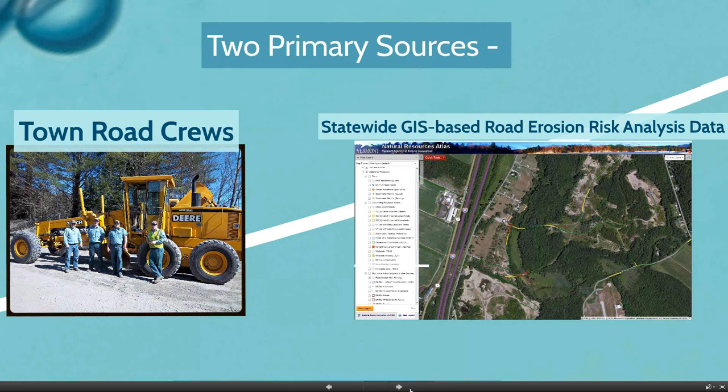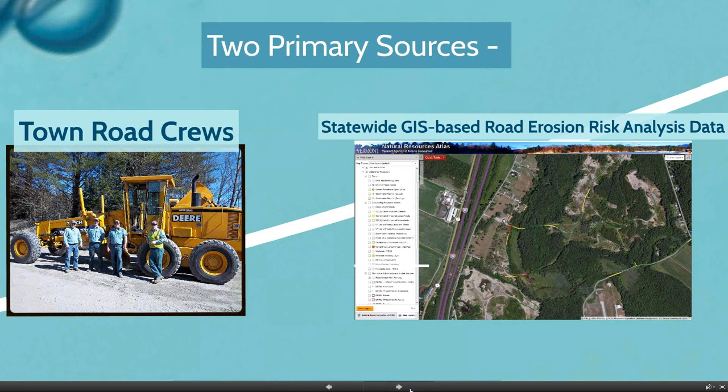And I'm going to get into the details of that in a minute, but first, really, just to highlight the fact that working with the town road crews is very critically important, and it may not be a formal report.